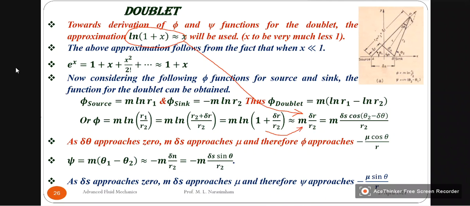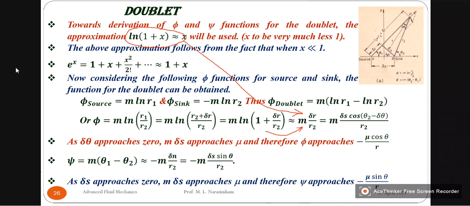So phi is equal to m log 1 plus delta R by R2, which will be m delta R by R2. Now this is all trigonometry which I have written here. You can look at this figure and understand it.